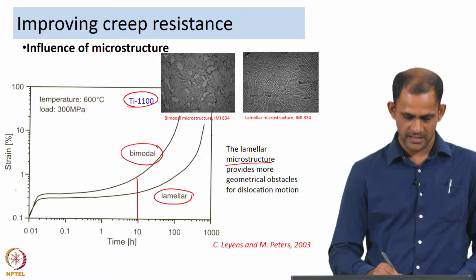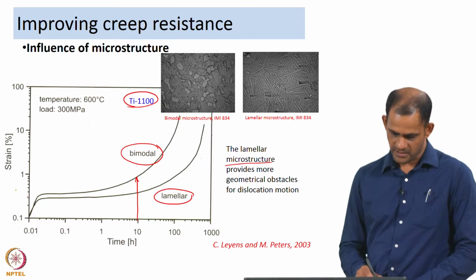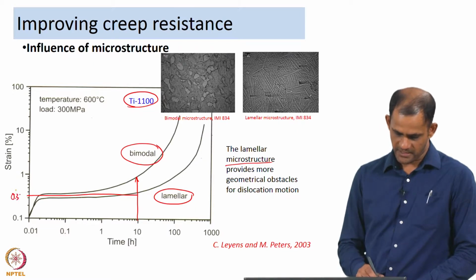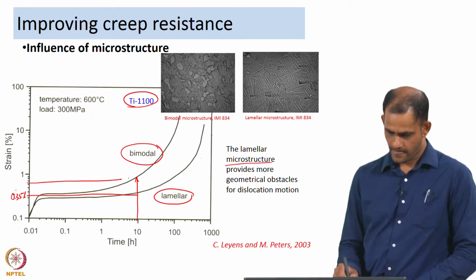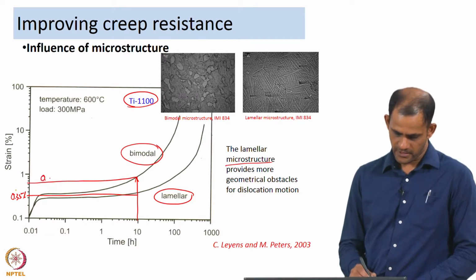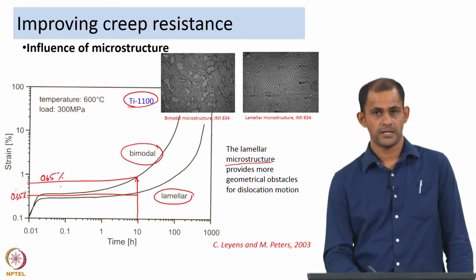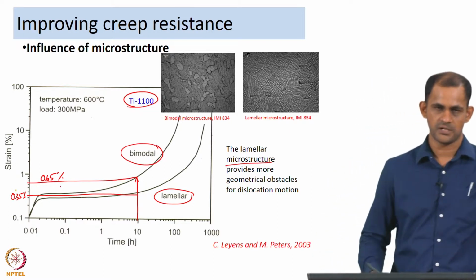At 10 hours, the lamellar microstructure has probably deformed to 0.35% strain, whereas the bimodal microstructure has deformed to probably 0.65% strain. So, which means the bimodal microstructure is more amenable to creep deformation compared to the lamellar microstructure.